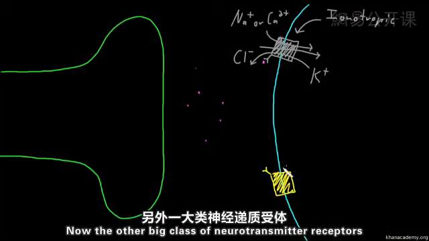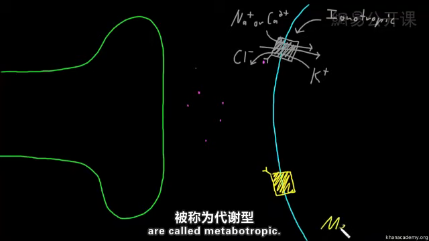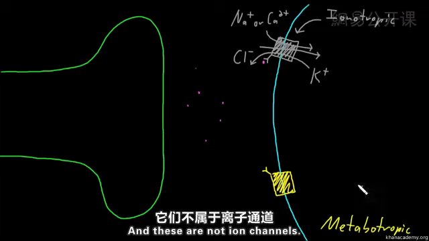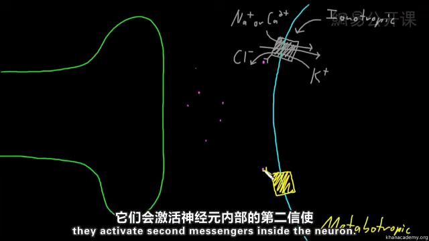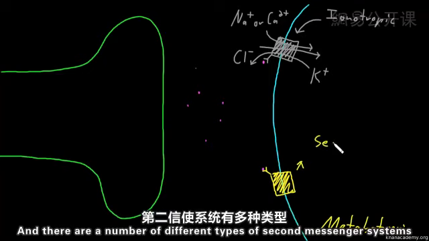Now, the other big class of neurotransmitter receptors are called metabotropic. And these are not ion channels. Instead, when their neurotransmitter binds to the receptor, they activate second messengers inside the neuron.